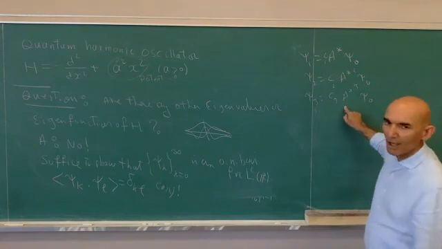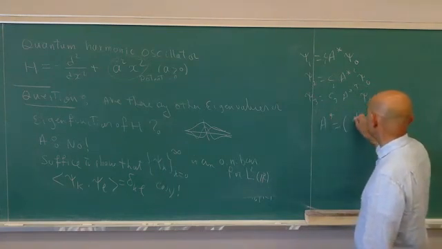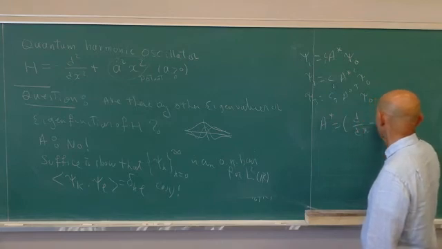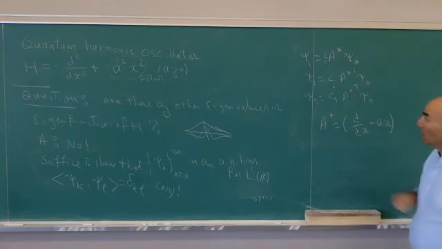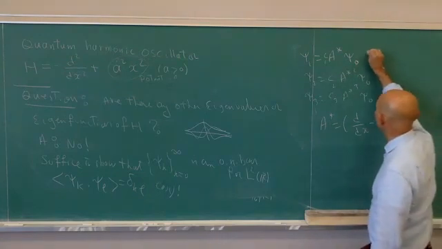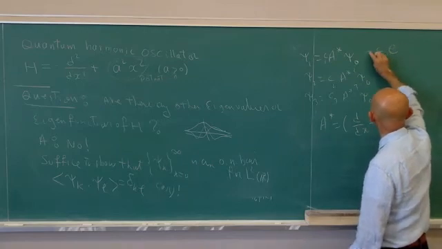But what was a star? A star was d/dx minus ax, right? But what was psi 0? Psi 0 was some constant itself times the exponential of minus a over 2 x squared. So let me write it now.